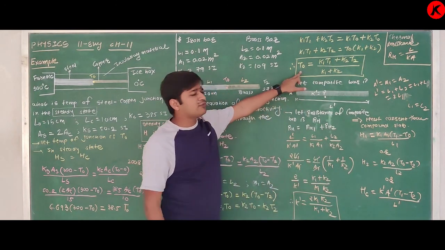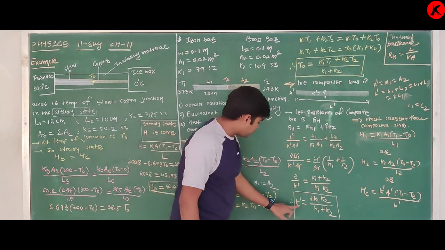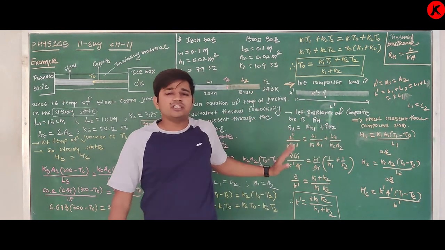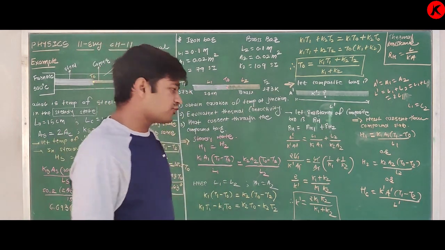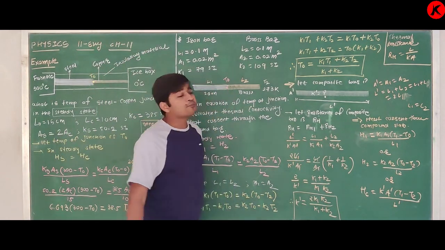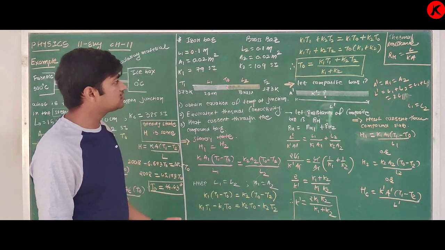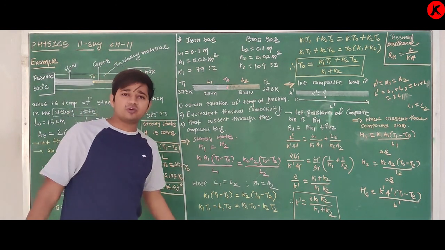From this equation you can find the value of T0. From this equation you can find the value of K dash. If you put values in any equation, you will get your answer. So yes, it is one important question.